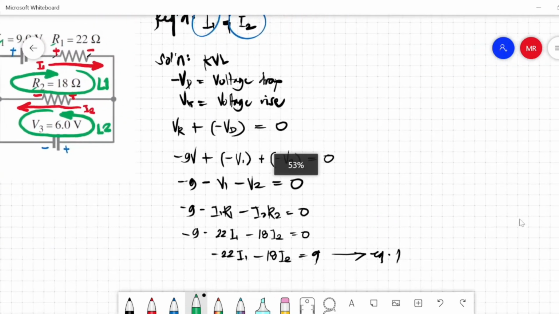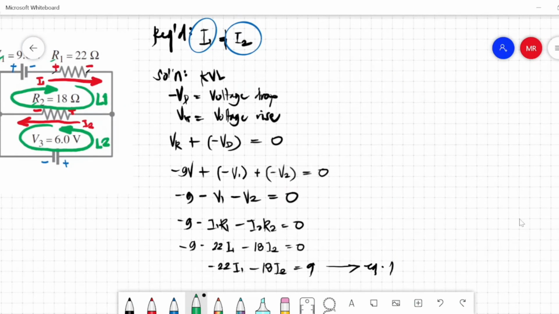So to get equation 2, this will become negative V2 plus... following the direction of the loop, it will enter negative and go out of the positive terminal for 6 volts.